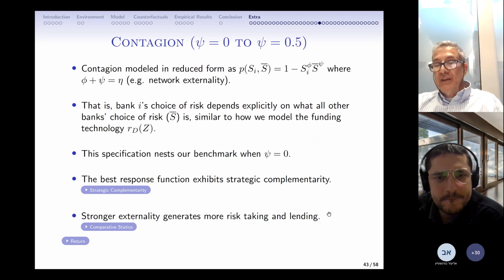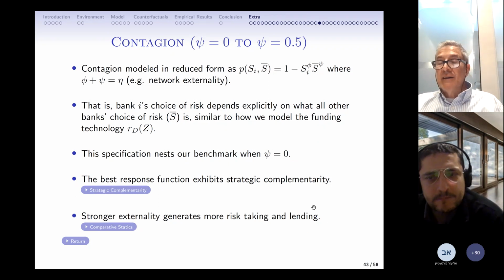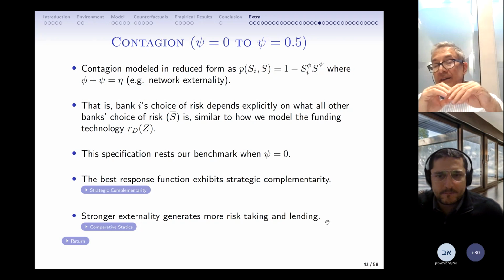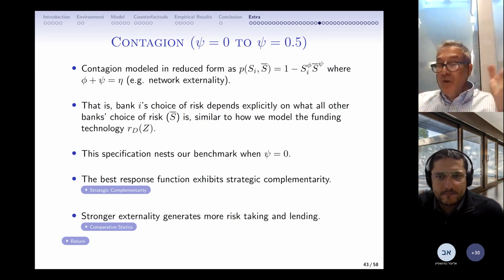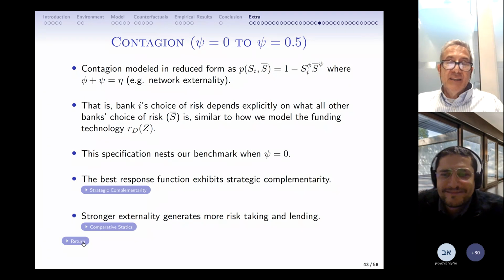We saw that leverage constraints cut down on risk taking, but that all comes at the expense of having less lending, a smaller economy. So that's the kind of trade-off that you would have in this class of model.